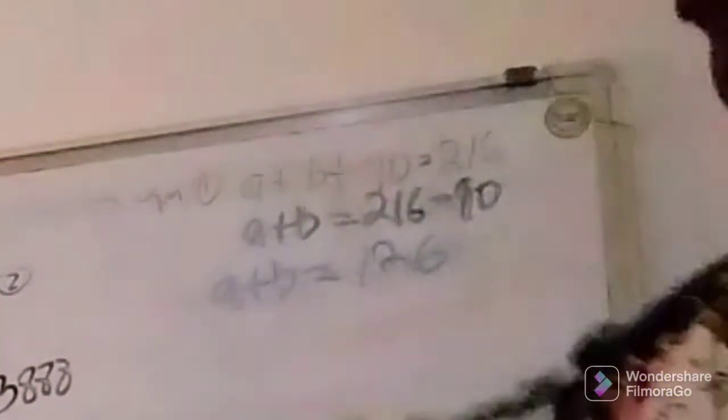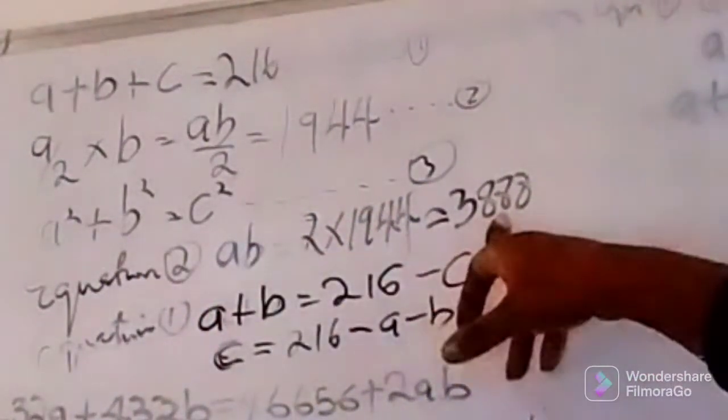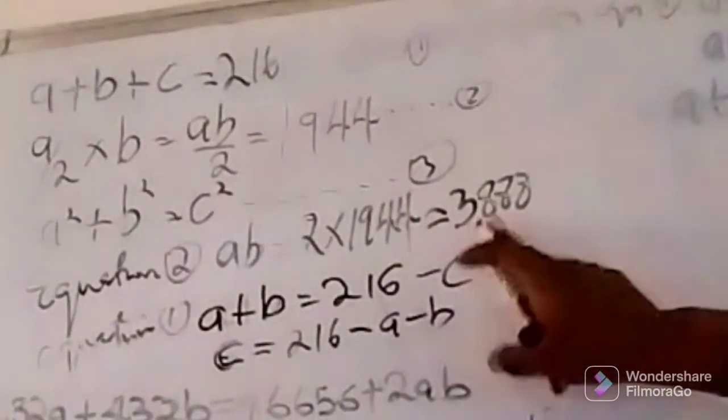A plus B equal to 126. Let's also remember we have another function which tells us AB is equal to 3888. So let's make A the subject of the formula for this function.